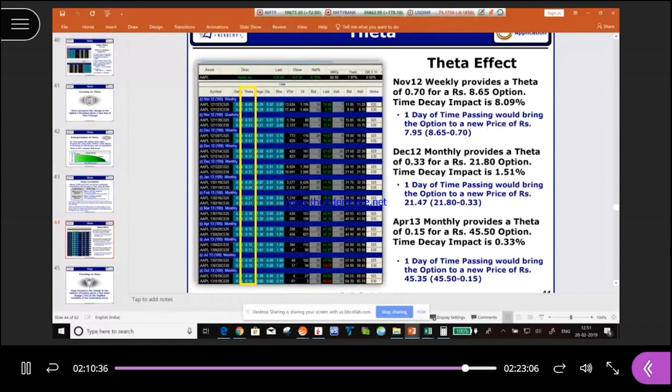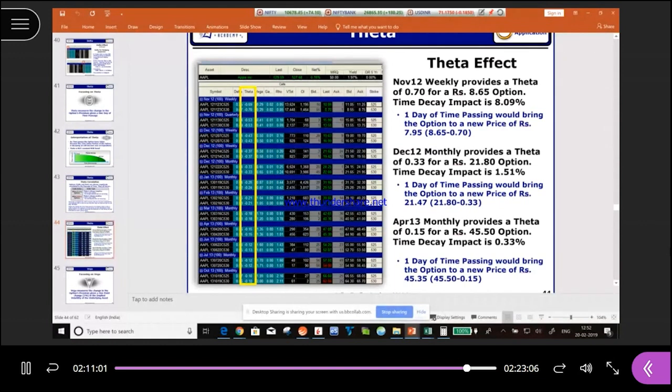Is April the farthest month? If one day passes, the November 12 will reduce by 8% for one day passing. December 12 expiry will reduce by 1.51% and April will reduce by 0.33%.